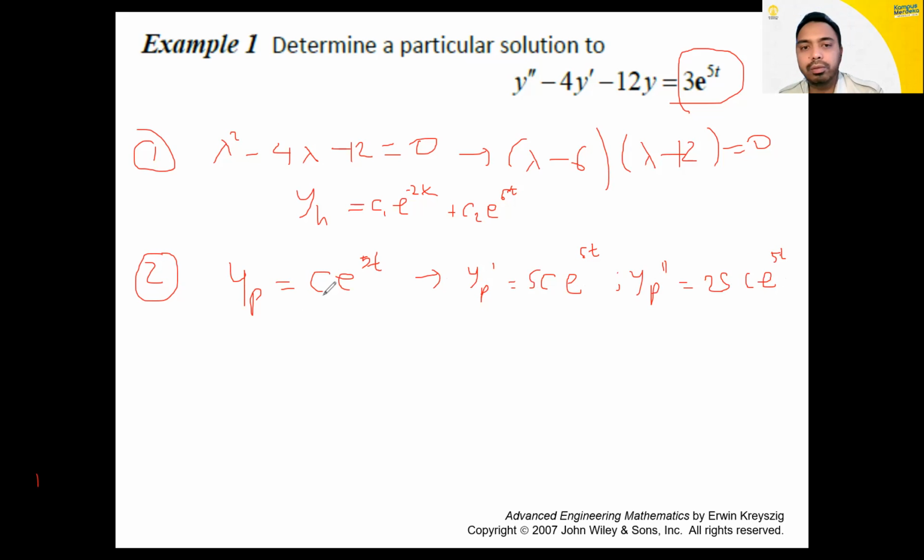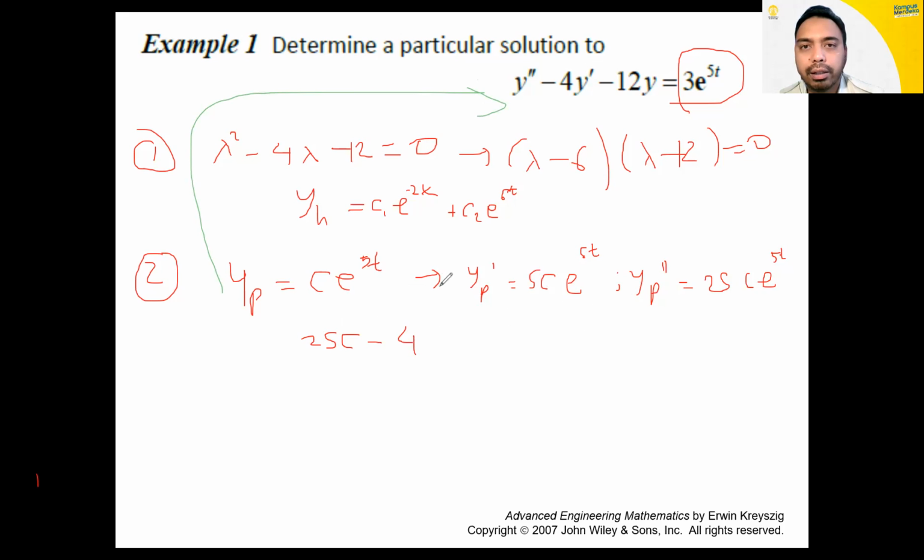And then if you substitute those into our original ODE, it will become 25C, and then minus 4 times Y prime, which becomes, I'm sorry, this is not 20, this is 25, right?